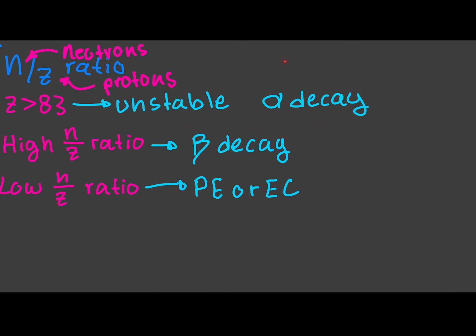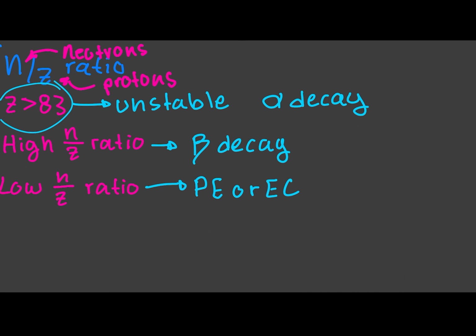In order to make an atom more stable, we want to keep it below this number, or keep it within its band of stability, which we'll see in a moment. In the case that we have a high N to Z ratio, this is kind of the exception. If you have this, then that right there off the bat should tell you that it's alpha decay.